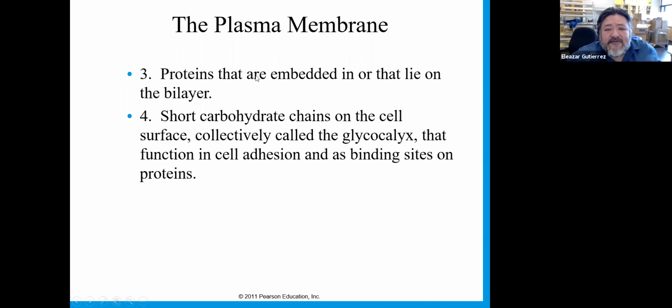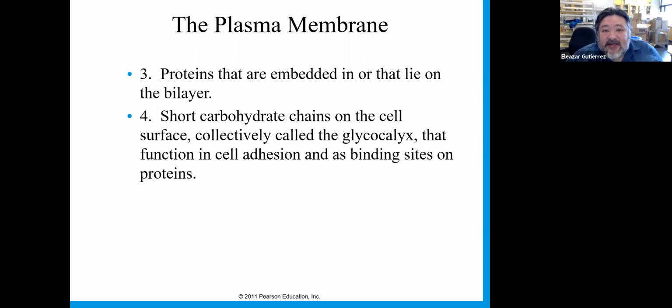The third thing that you're going to find, which is very, very important, is proteins that are embedded in or lie on the bilayer. So there's two different types of proteins. Okay, and we're going to address those regarding how they lie in the plasma membrane. They either lie inside the plasma membrane or they adhere just outside the plasma membrane.